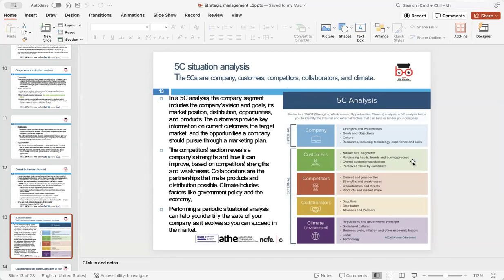Finally, climate or environment examines the broader environment in which the business operates. This includes economic conditions, government policies, and cultural factors that influence business operations and company activities.